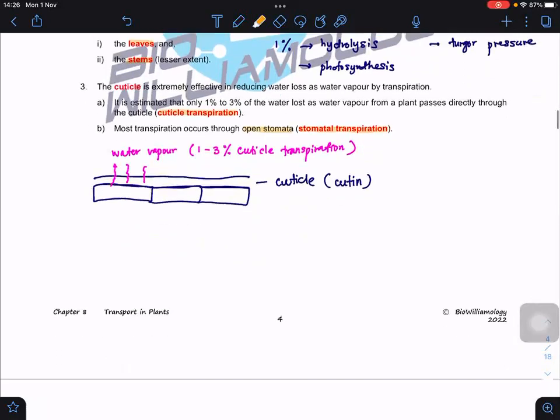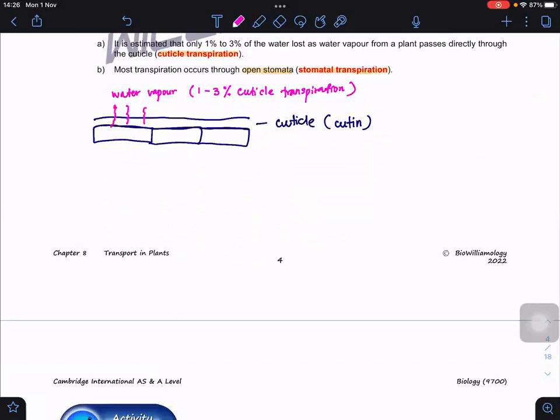At the lower epidermis, we have the guard cells. So this is the stoma. If the water vapor diffuses out this way, by diffusion through the stomata, this takes out about 97 to 99%.